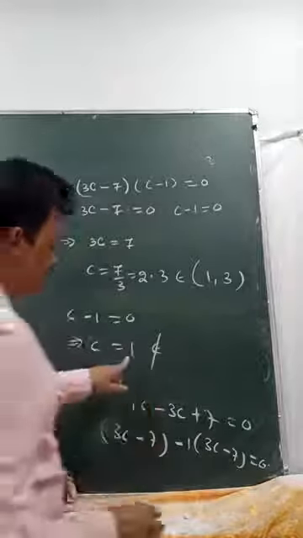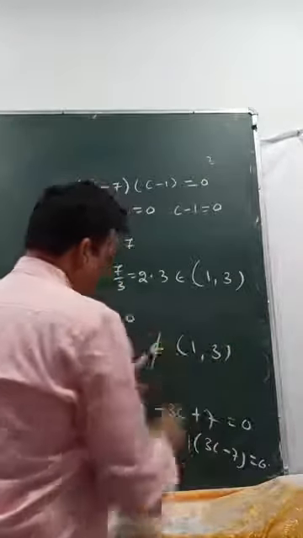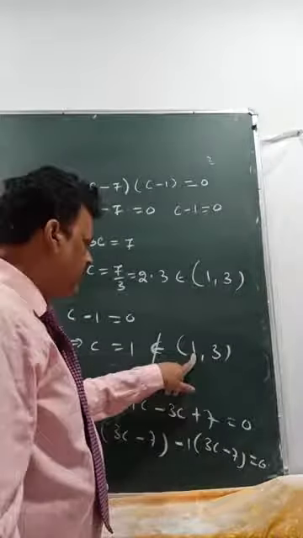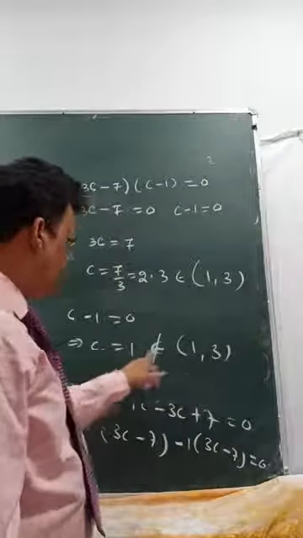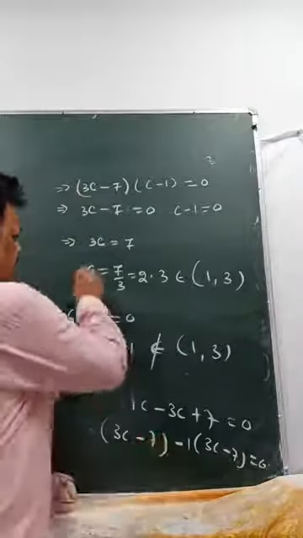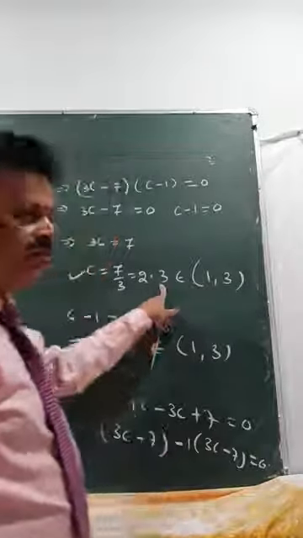This is a confusing part. It doesn't belong to (1, 3). Why? Because this is an open interval. In an open interval, 1 is not counted. If 1 is not counted here, then c is not between 1 and 3, so not verified. But at least one point we should get. So we got one point here. So mean value theorem is verified.